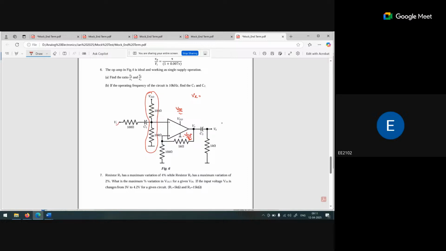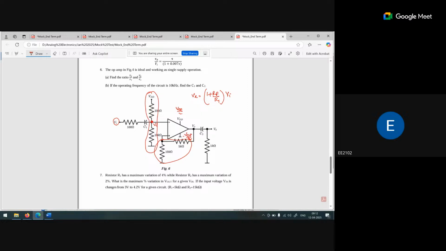The input voltage Vi that we apply, the same voltage we are getting at this point, Vi. This is using RF and R1. So the formula for Vx is 1 plus RF by R1 times Vi. Simple. Vx is that one.